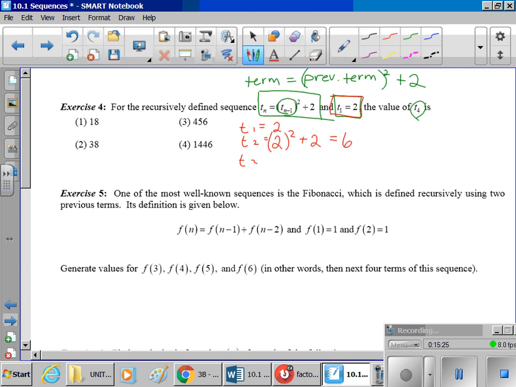To find the third term, it's the previous term squared plus 2, which is 36 plus 2, which is 38. To find the fourth term, which is the golden ticket here, it's the previous term squared plus 2. The previous term squared is 1444, plus 2 is 1446. All right, there it is, number 4.